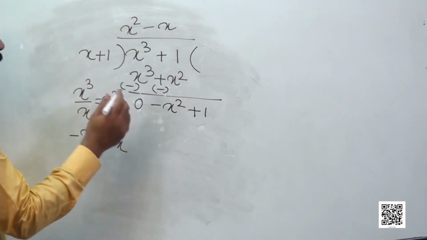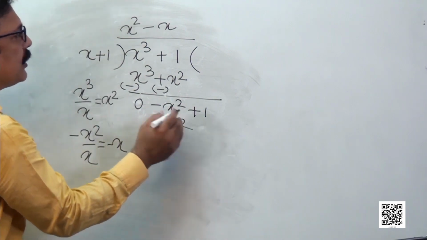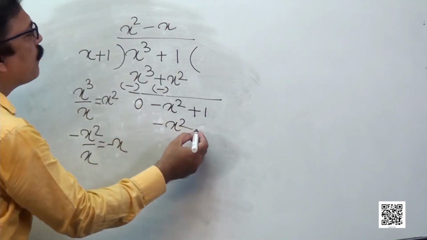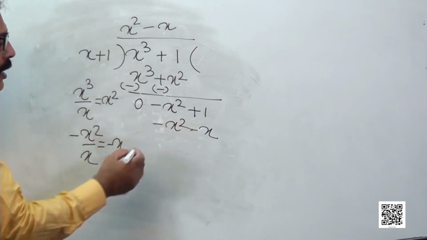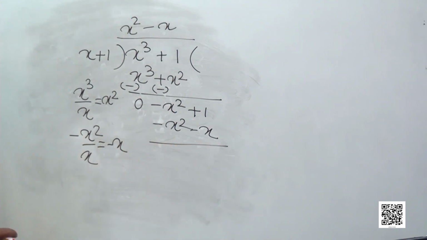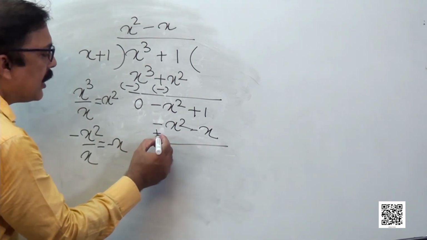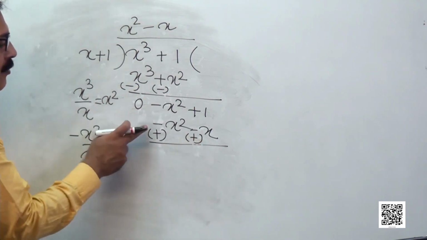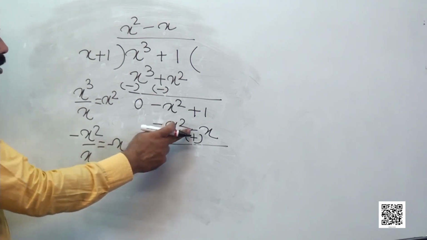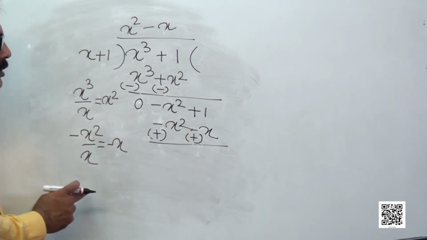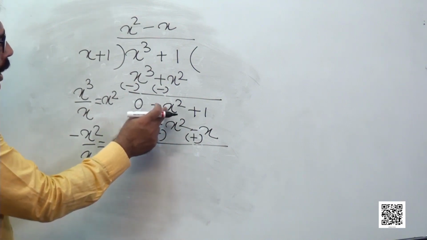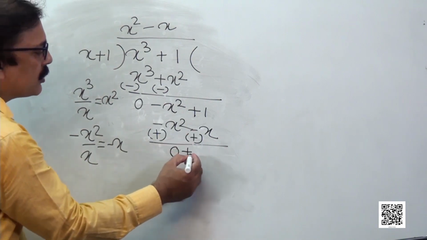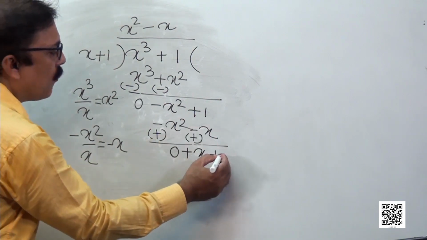Minus x into x gives minus x square, and minus x into plus 1 gives minus x. Now again we have to subtract it. If we subtract, then change the sign. That is, minus sign becomes plus sign here, and here also minus sign becomes plus. Now we have minus x square plus x square, that is 0, and plus x plus 1.